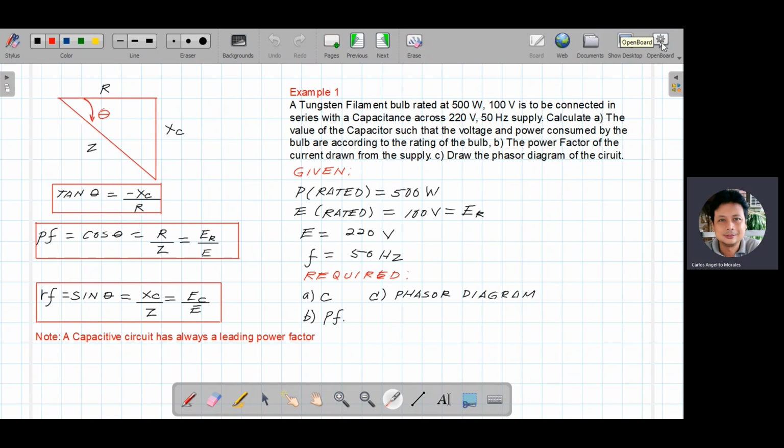Teka, alin ko muna yung pansulat ko. Wait lang ha. Kasi kinukonfigure pa yung pansulat eh para magamit, no?